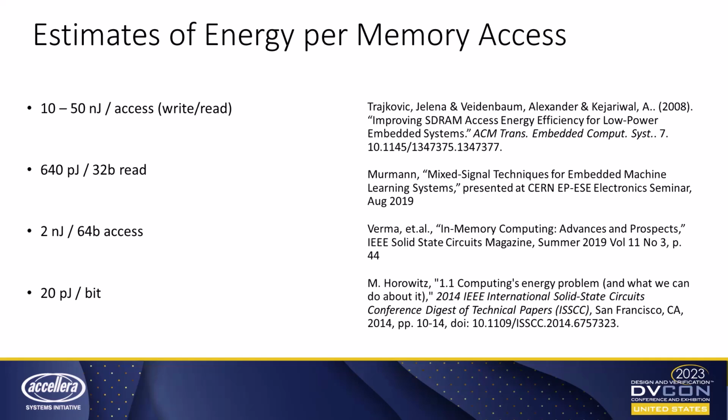And of course, there's going to be some difference between a read access and a write access. Additionally, there will be some variation with process node. And when you start multiplying these access energies with the number of neurons in one layer of a neural network, which could be in the thousands or even tens of thousands, it really starts to add up. So if you can save that energy by doing the math in the memory, you could potentially increase your performance drastically.